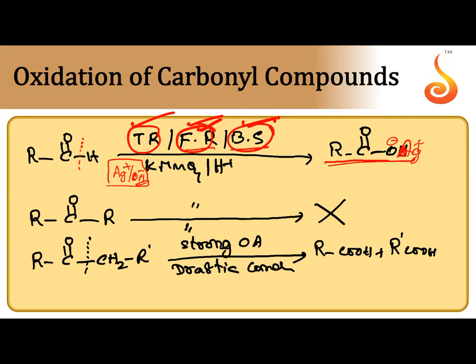Next, in Fehling's reagent or Benedict's solution, alkaline Cu2 plus ions are present. The alkaline Cu2 plus ion is reduced to red color precipitate Cu2O. The ketones won't undergo oxidation by these mild oxidizing agents. So based on this, we can identify which is aldehyde, which is ketone.